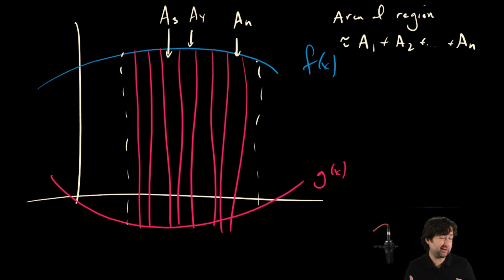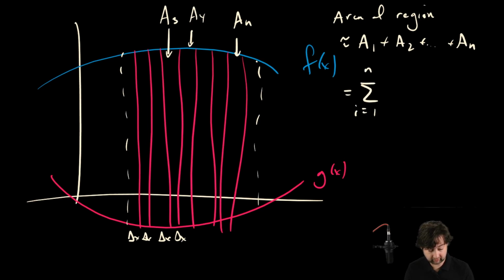So it's still going to give me an idea of what the summation formula should be, because as long as I choose delta x to be the same for every rectangle, so delta x, delta x, delta x, delta x, then the formula for this is going to be equal to the sum from i equals 1 to n of Ai, but each one of those we're thinking of as a rectangle with the same base.